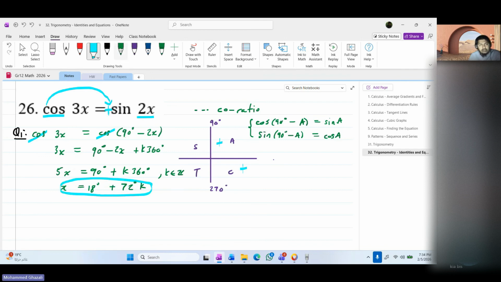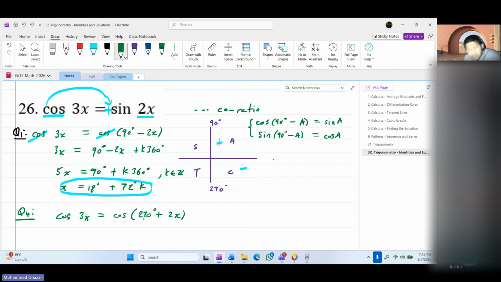So where's your second general solution? In the fourth quadrant. In the fourth quadrant, you're going to write down cos 3x is equal to cos of 270 plus 2x, because you are using co-ratios. If you are using co-ratios, you have to use 90 and 270.